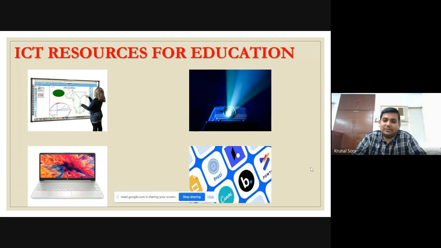So ICT resources through which we can provide education to the students. In common terms, this is basically hardware kind of things. So hardware and software is a combination through which you can provide education to the student. So yes, the monitor or the screen, right? Various software, right? Presentation tools, Prezi, that is presentation software, and a laptop if you have a laptop.